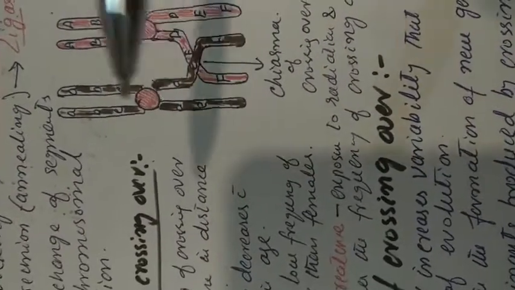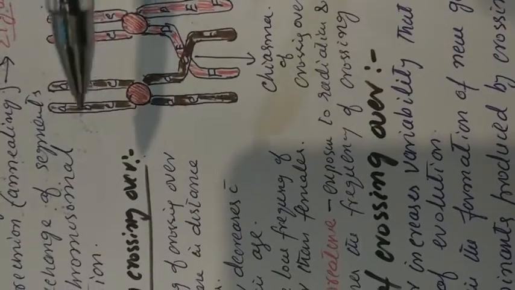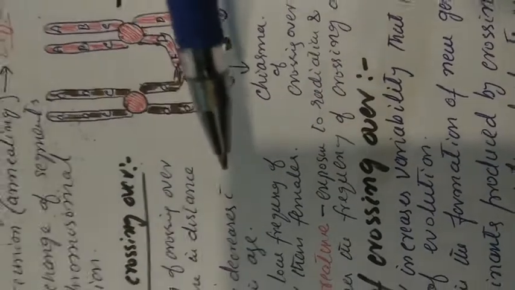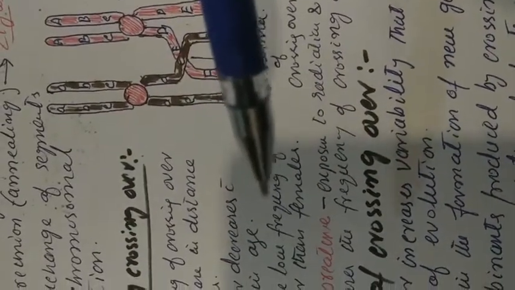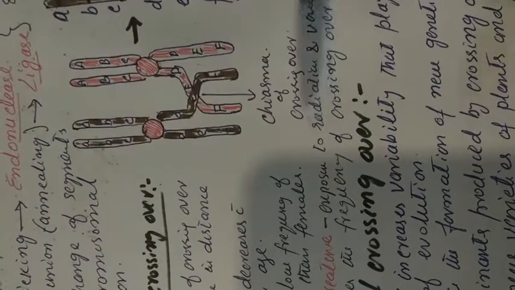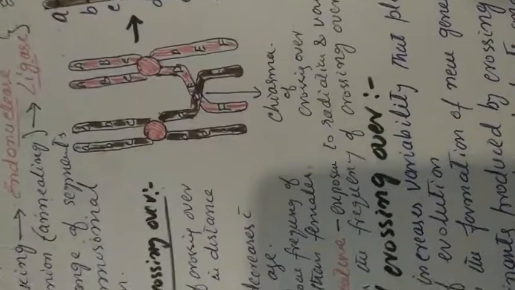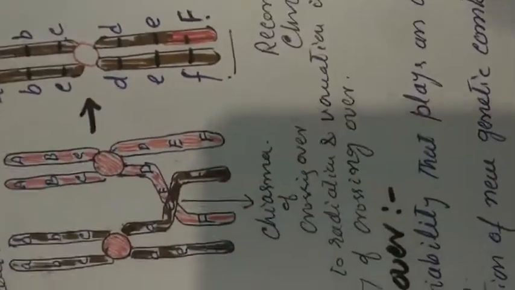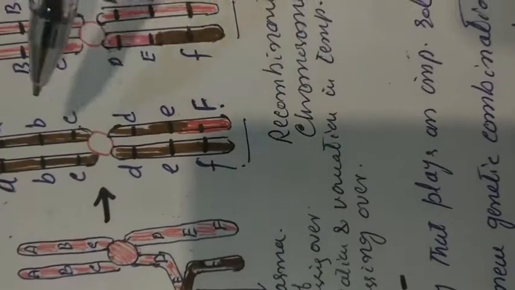This is the most important significance of crossing over. Another importance is that crossing over results in the formation of new genetic combinations, which are known as recombinants. As is seen in this case, these are the recombinant chromosomes.